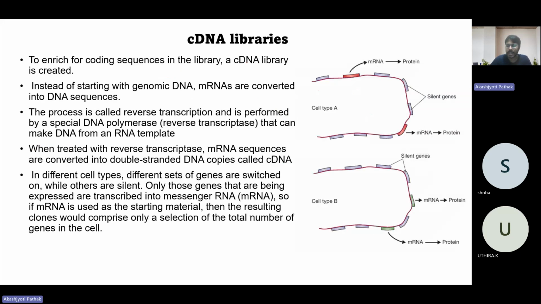So what are cDNA libraries? So basically, if you know basic molecular biology, the flow of information, or the central dogma of molecular biology, is that the information flows from DNA to mRNA and from mRNA to protein.